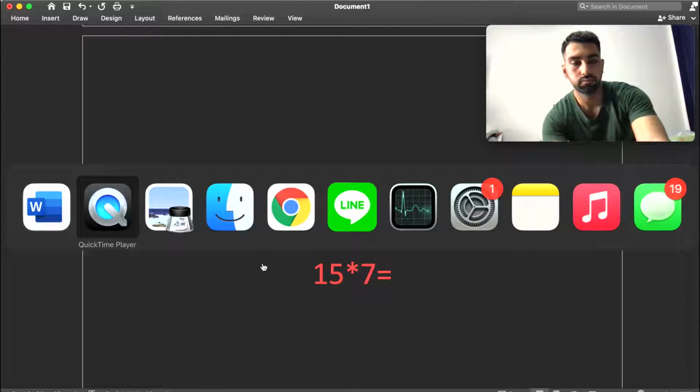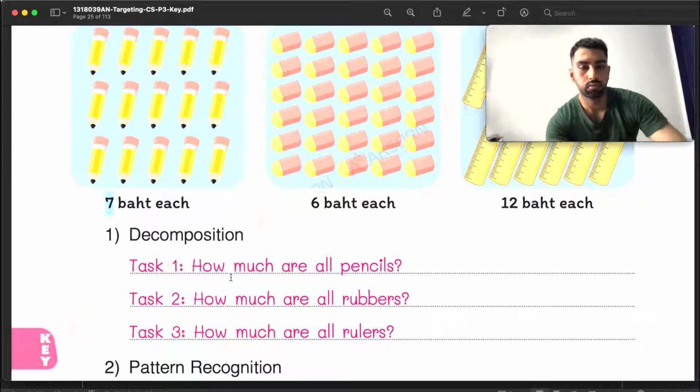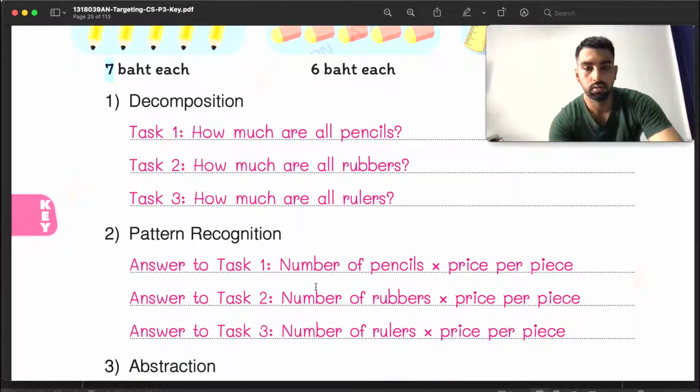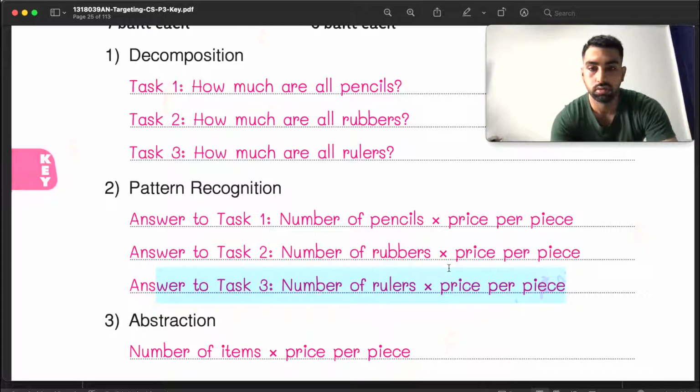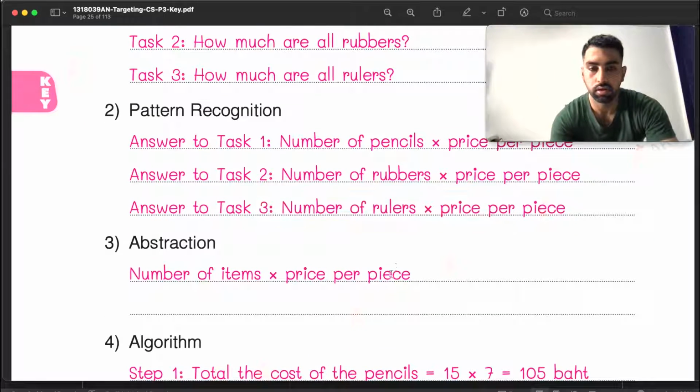Okay, the number of pencils multiplied by each pencil's price. Alright, same as the number of erasers multiplied by the price of each eraser, and then the number of rulers multiplied by the price of each piece. Alright, number 3, abstraction: number of items multiplied by the price.